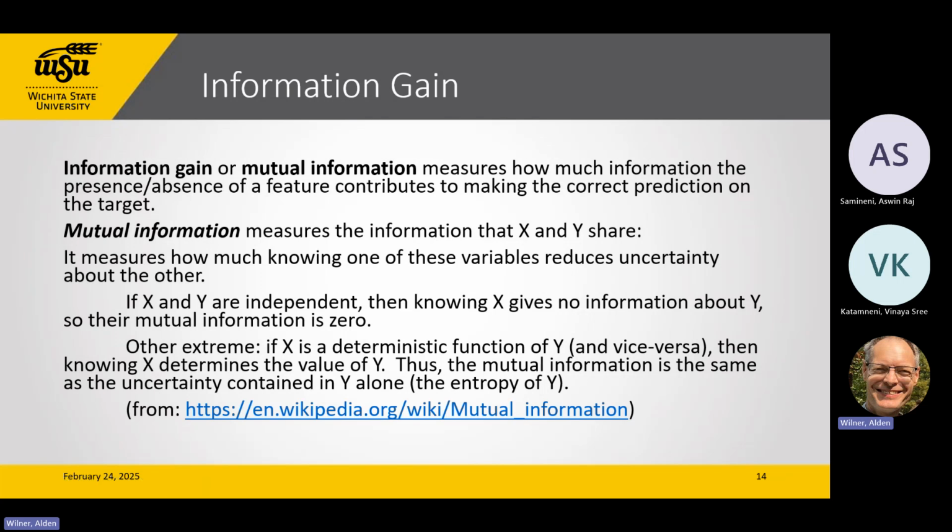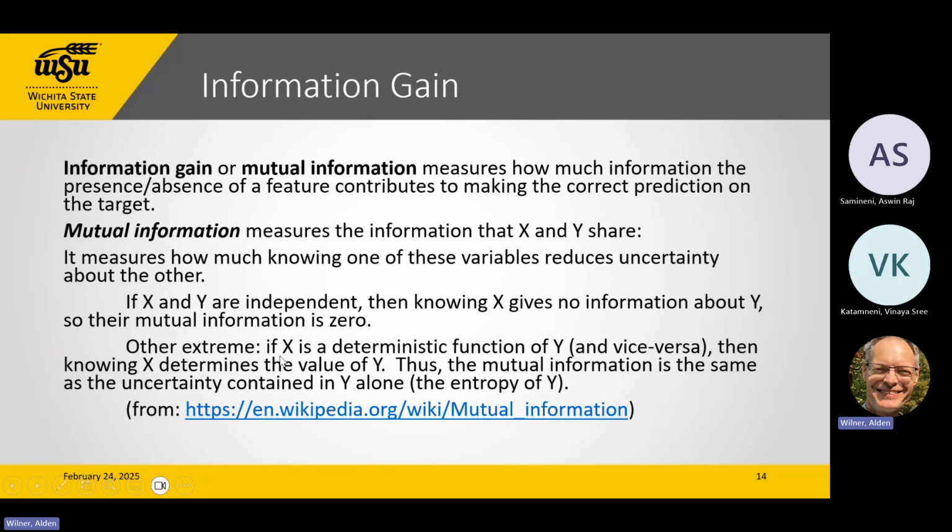We get a metric. If these two variables, X and Y, are independent, then knowing the value of X gives you no information about Y. Your correlation on your linear regression line, your slope, is going to be 0. It's a random scattering of dots. Your mutual information is 0.